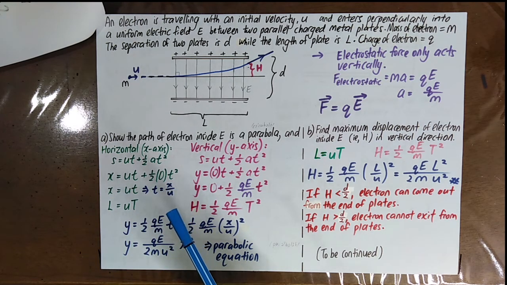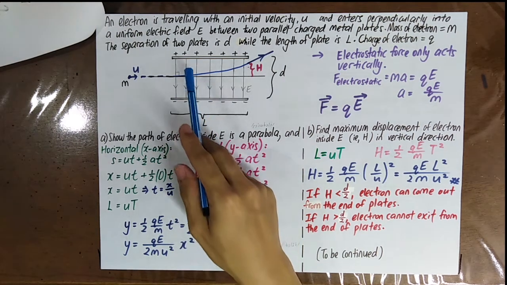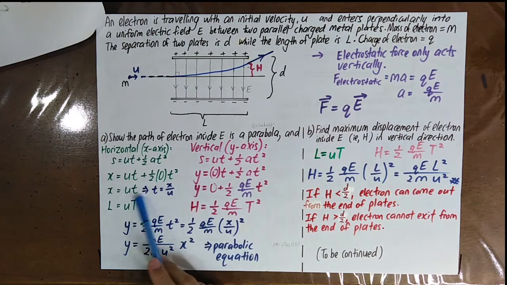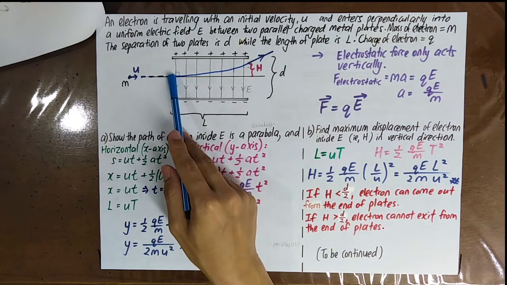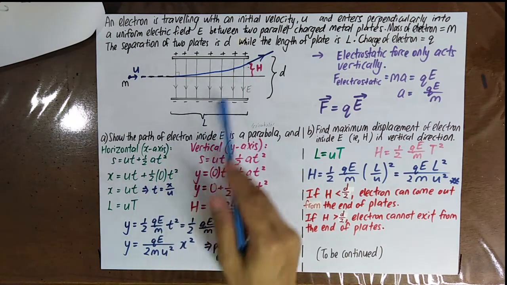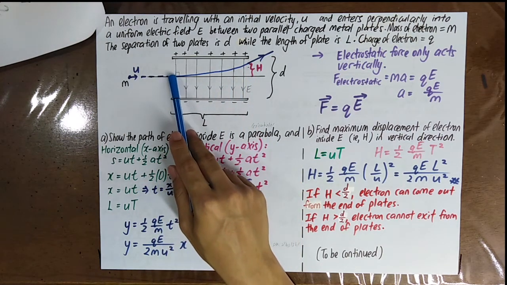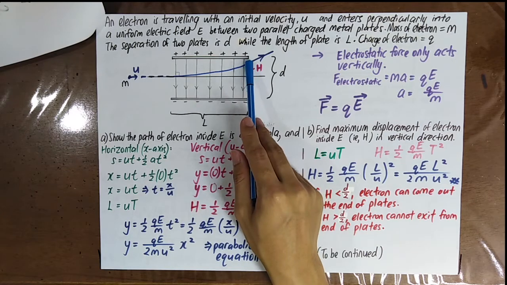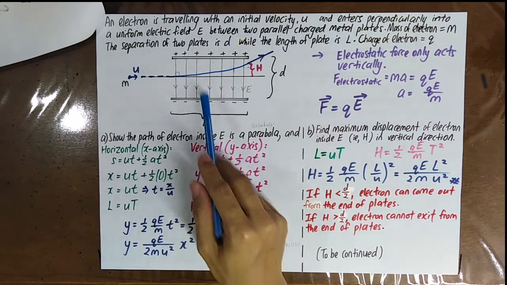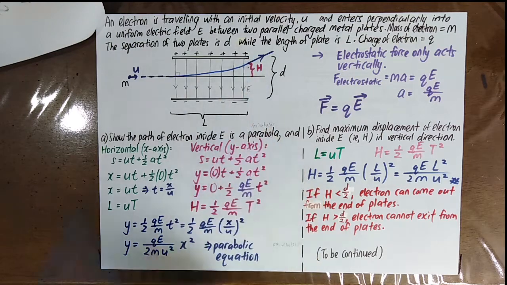Let's think that the electron takes a time capital T to move from this position all the way to this position. That means that the time taken for the electron to traverse completely the electric field is capital T. I repeat one more time: capital T is the time taken for the electron to move from here to here.